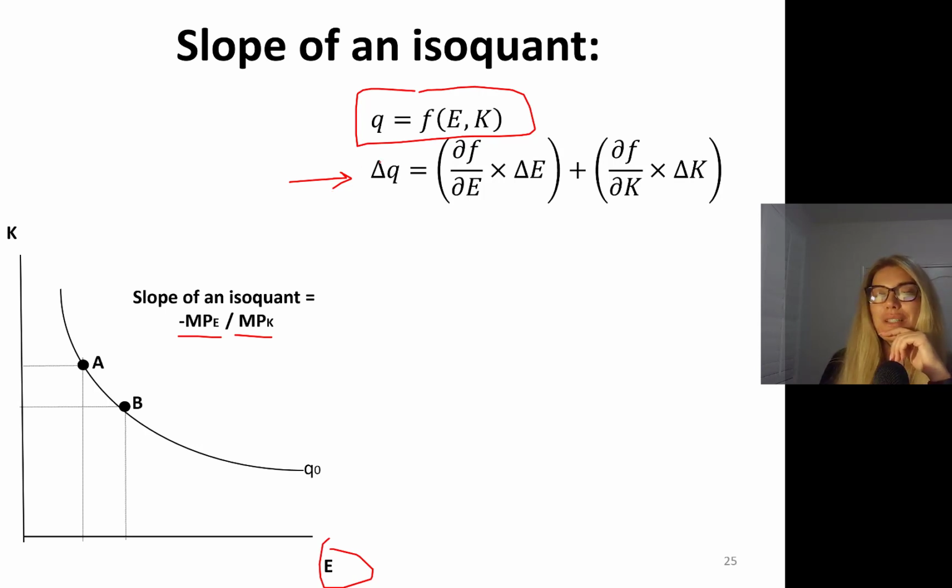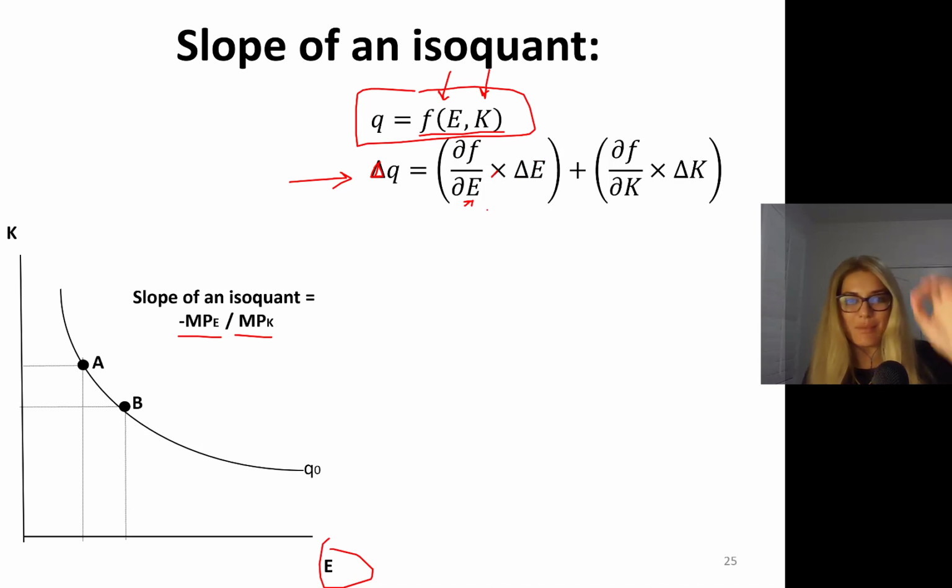Total differentiation means I'm trying to look at the total change in quantity. And what can change quantity? There are two things that can affect quantity: employment level and capital. So this is the rule: take the first derivative of this whole production function with respect to employment, labor, times the change in employment.